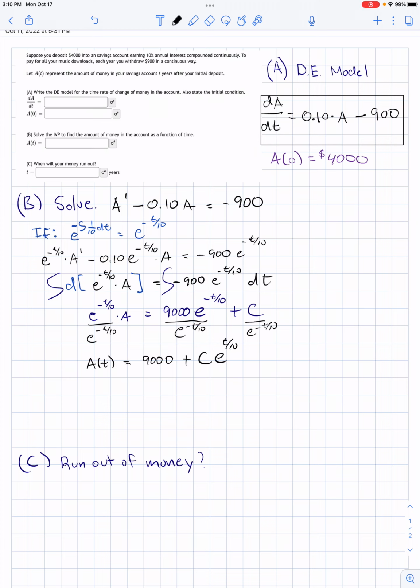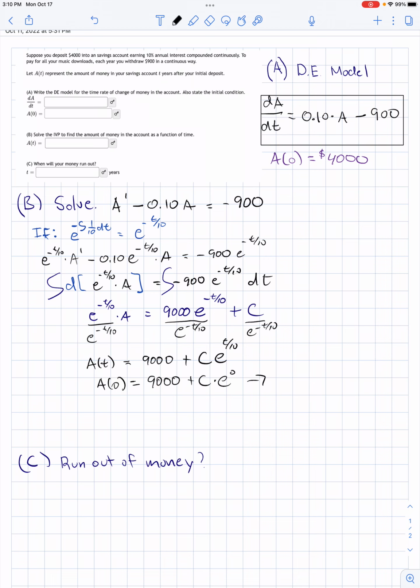And then, of course, remember our initial condition of $4,000 when t equals 0. We can then get what C is. 9,000 plus C, and e to the 0 is just going to be 1.